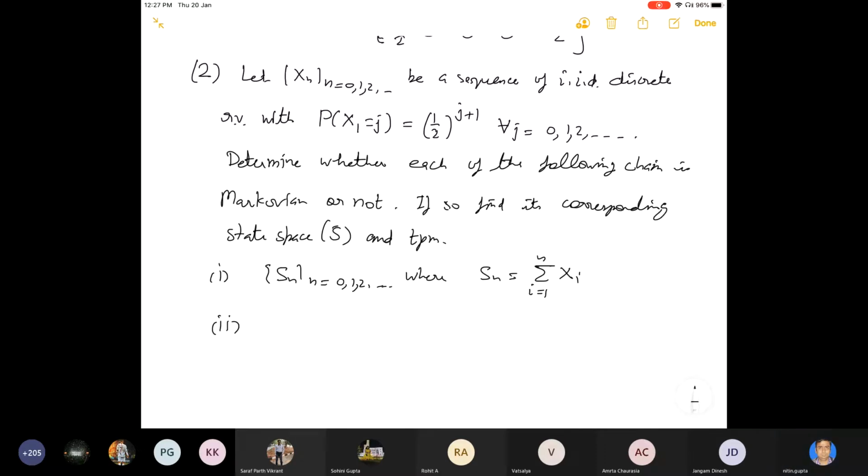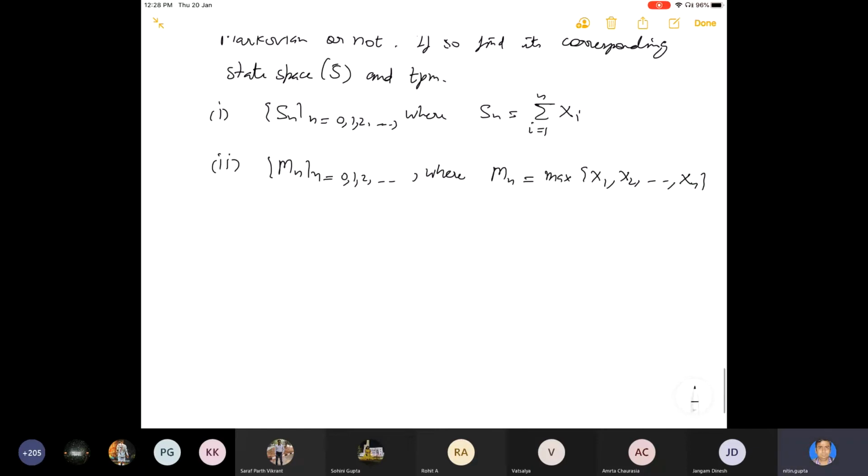Second, Mn, n is 0, 1, 2 and so on, where Mn is maximum of x1, x2, ..., xn.